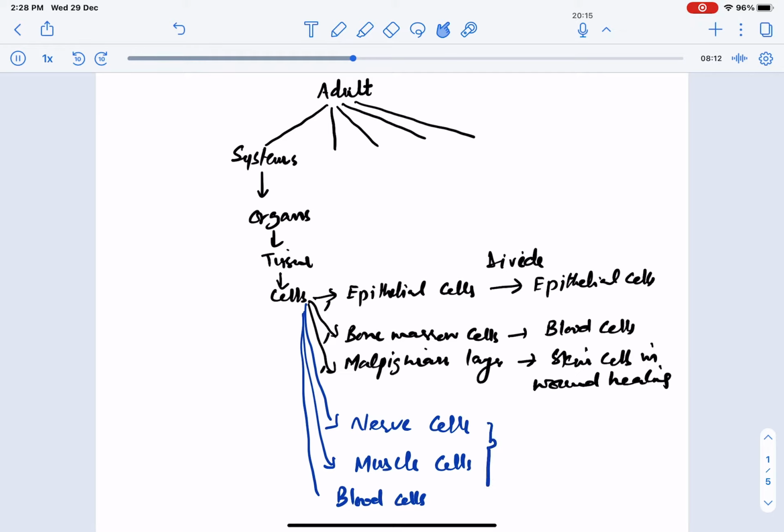These are specialized cells and don't further divide.